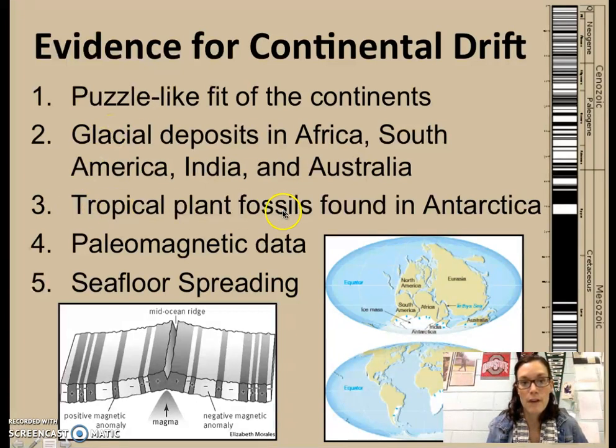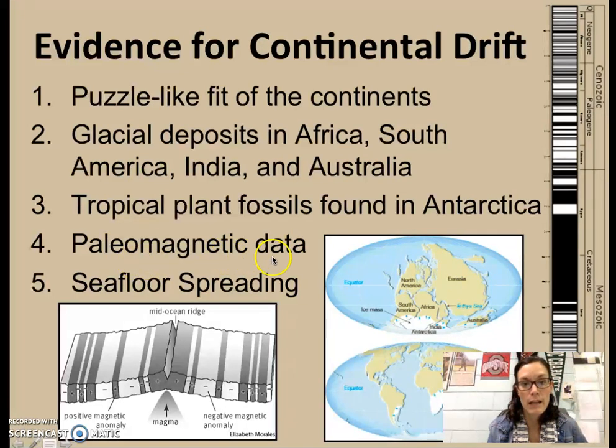Here's where the fossils come in. There were tropical plant fossils found in Antarctica. That's just one example. Antarctica wouldn't have been where it is today if it has tropical plant fossils, maybe somewhere around the equator.